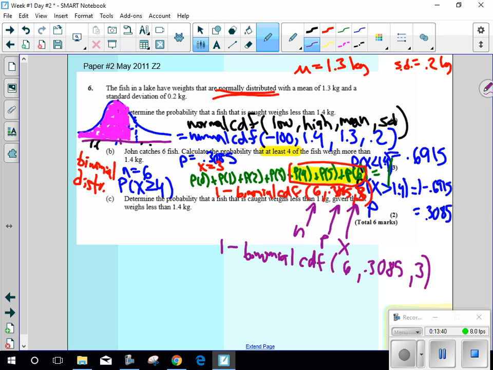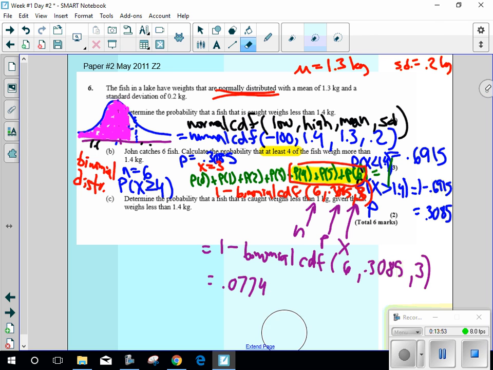What's that equal to? 0.0774. I like 4 significant digits. I think they go with 3. And that, by the way, is perfect.